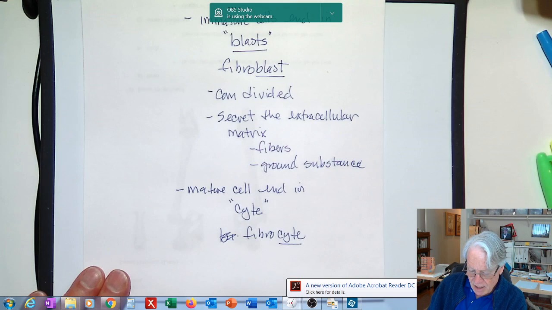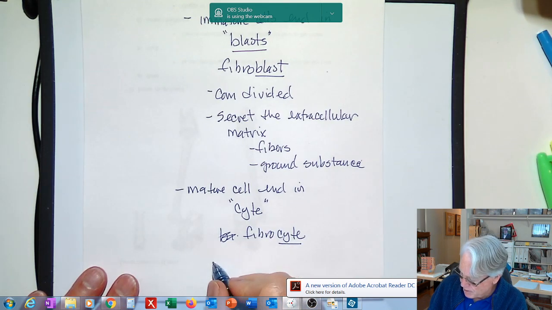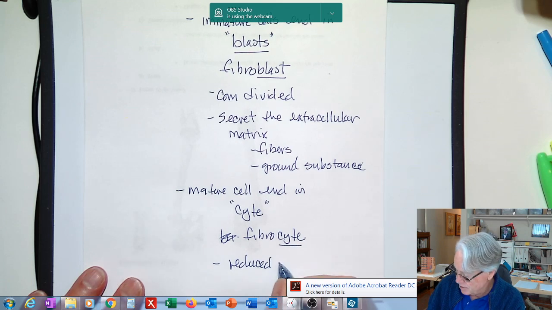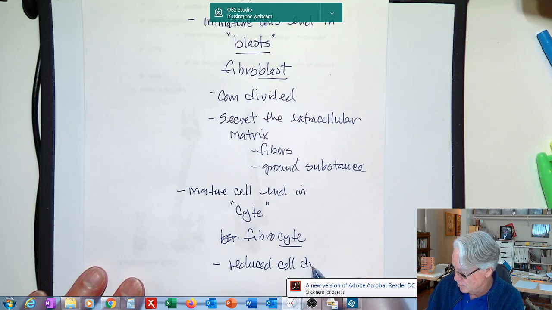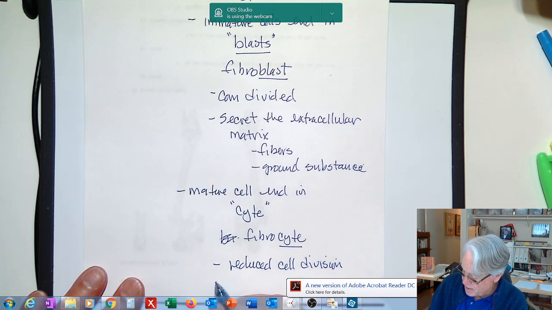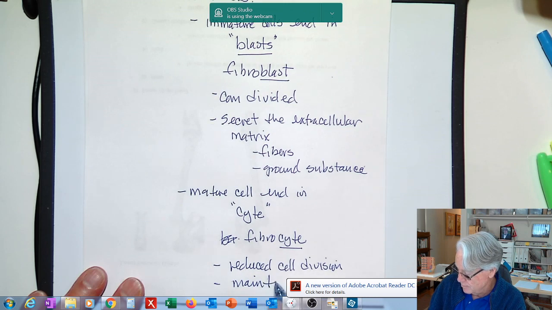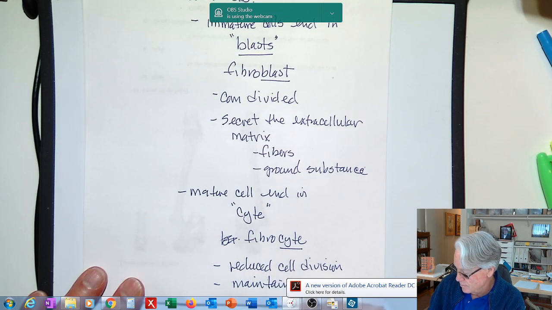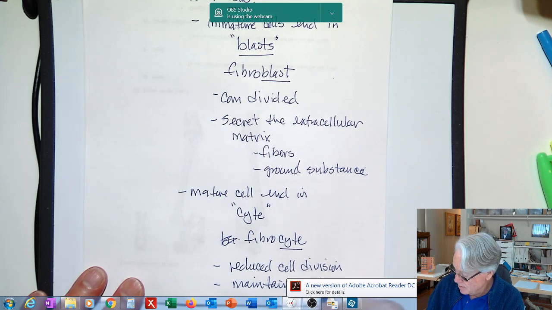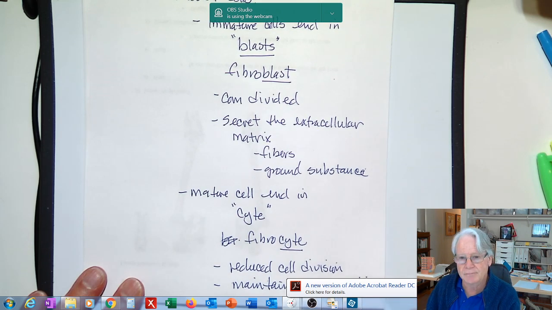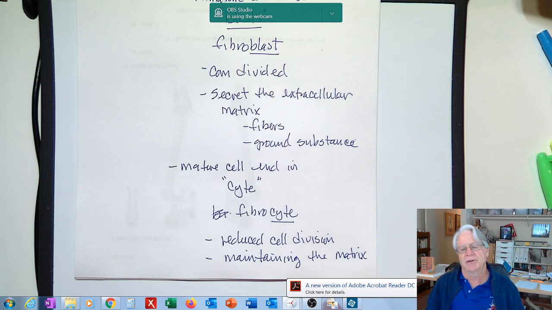And these typically have reduced cell division, and sometimes no cell division at all. And they are responsible for maintaining the matrix. So they're involved in maintaining the matrix.